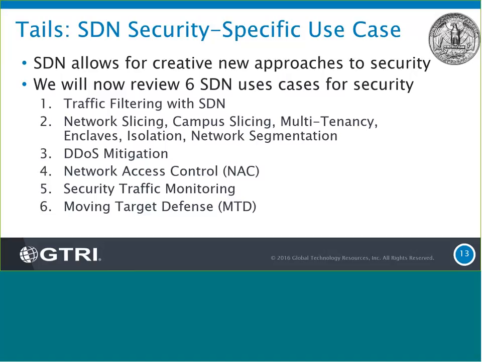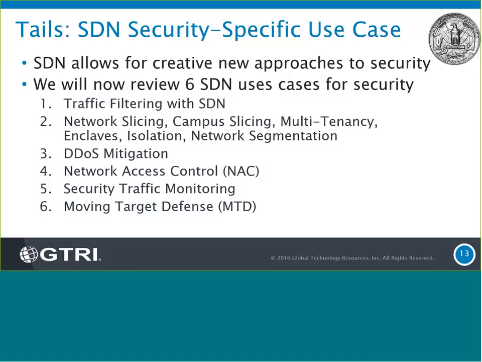pervasive throughout the environment? Now we're going to talk about the tail side of today's presentation, which is these 6 SDN use cases: traffic filtering, network slicing, DDoS mitigation, NAC, maybe something you forgot about for a while, NAC, security traffic monitoring, and this moving traffic target defense system.